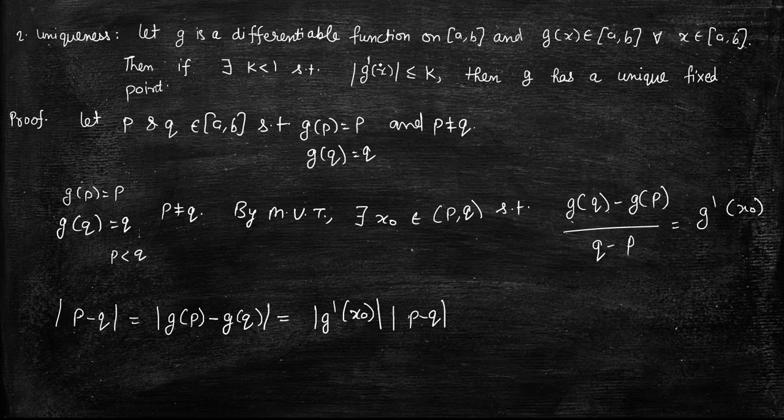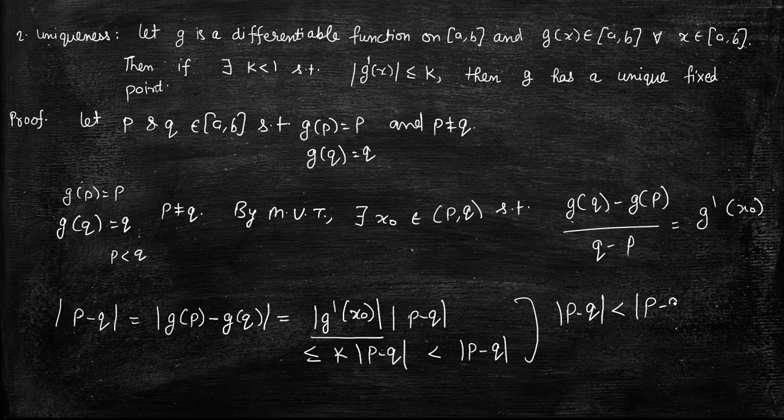Then we know that mod of g prime x is less than or equal to k. So we can say this is less than or equal to k times mod of p minus q. Now we are given that k is less than 1. So this will be strictly less than mod of p minus q. Therefore, we proved that mod of p minus q will be strictly less than mod of p minus q, which is a contradiction.